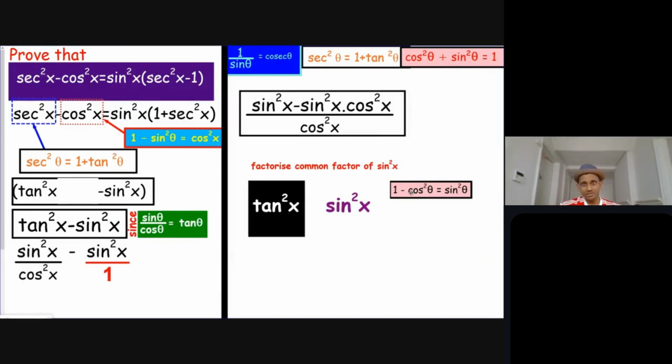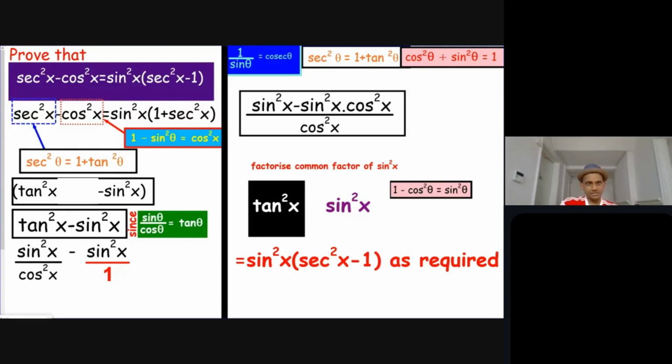But what I can do is realize that the sec squared minus 1 is tan squared, and the 1 minus cos squared was sine squared. And so we now have the answer. Yeah?